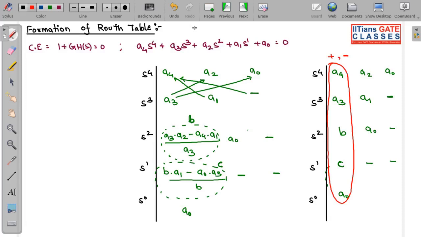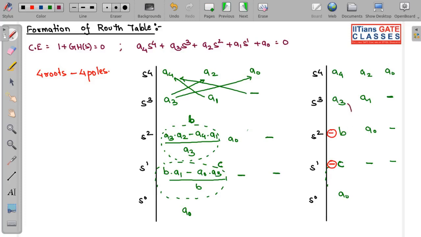But if there are sign changes, let us assume that over here we have a negative sign, over here we have a negative sign, and over here there is a positive sign. This is a fourth order characteristic equation, which means there are 4 roots, or 4 poles. To see how many poles are in the right half of the S-plane and how many in the left half, we need to calculate it. Look over here, sign change: plus plus, no sign change.